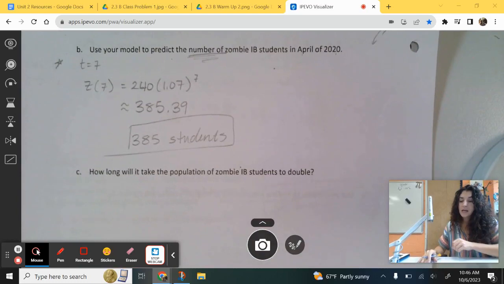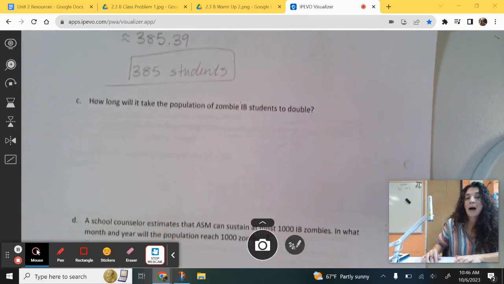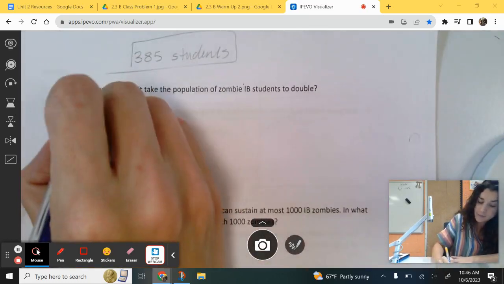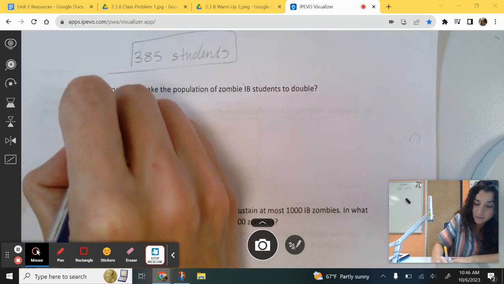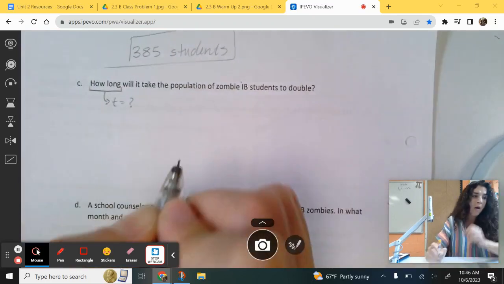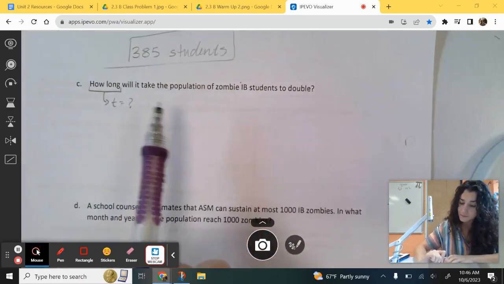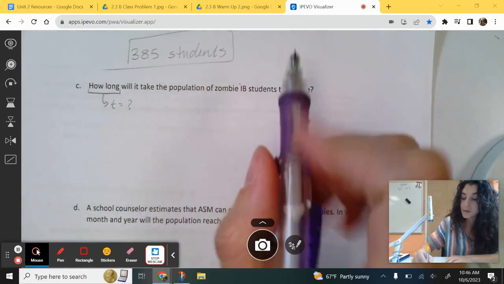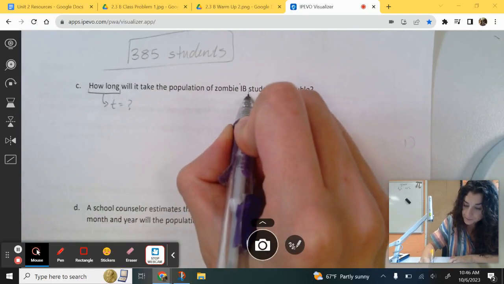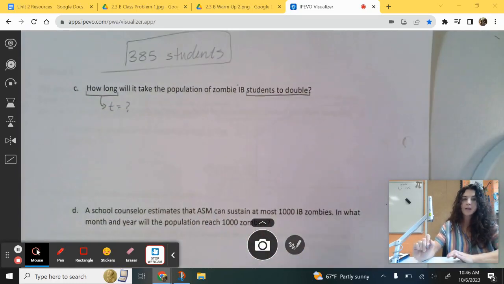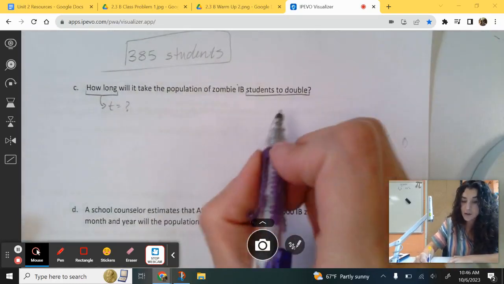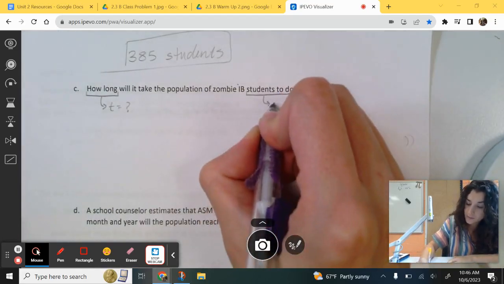Boom. How long will it take for the population of zombies to double? So, how long? I'm solving for T. Zombies to double means my initial value was 240.